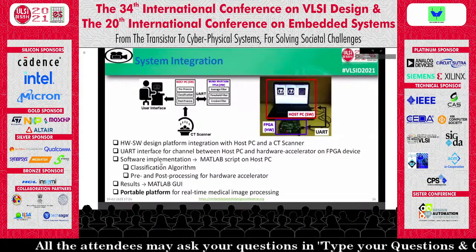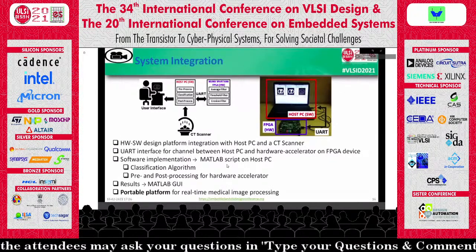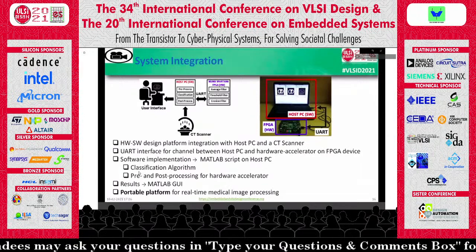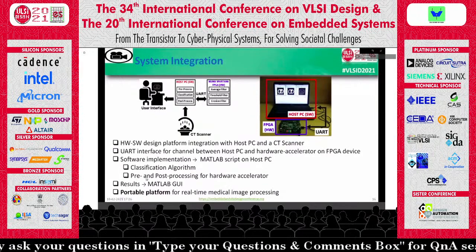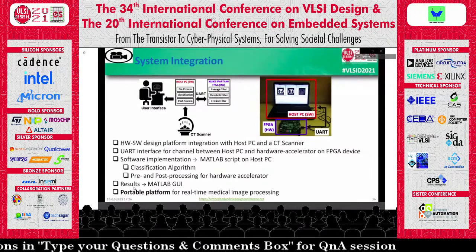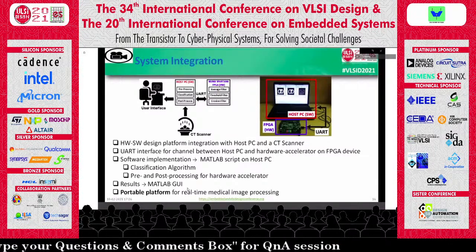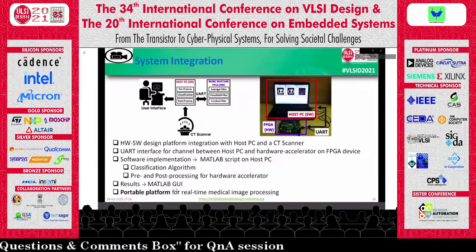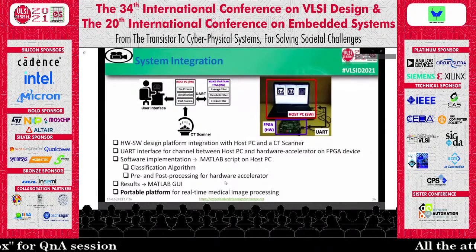Software implementation is done using a MATLAB script on the host PC, with classification algorithms and pre and post processing for the hardware accelerators, and results are seen in the MATLAB GUI. Portable platforms for real-time medical image processing.